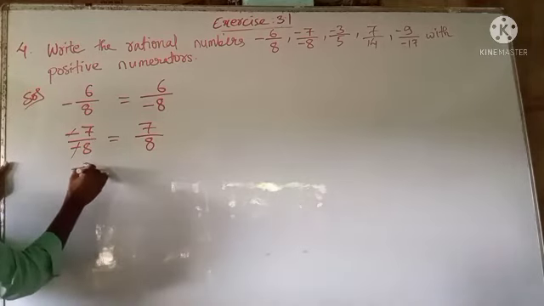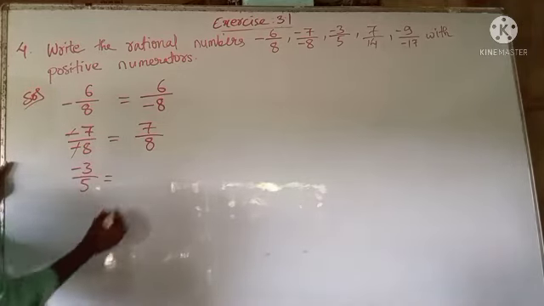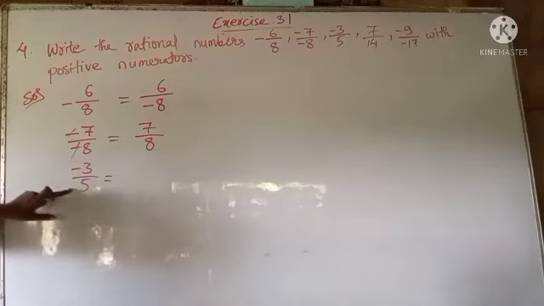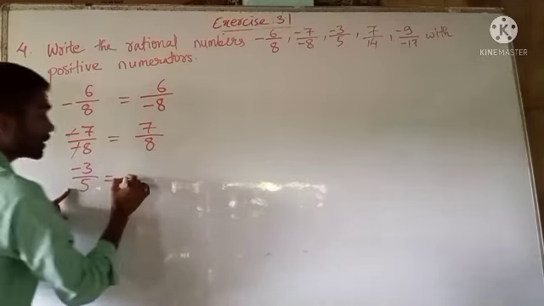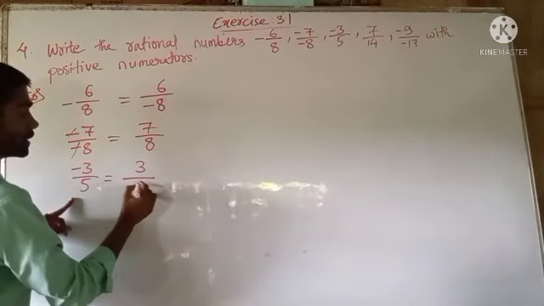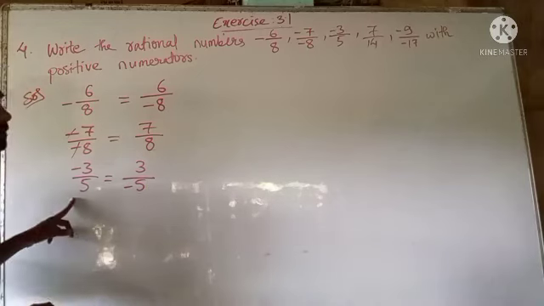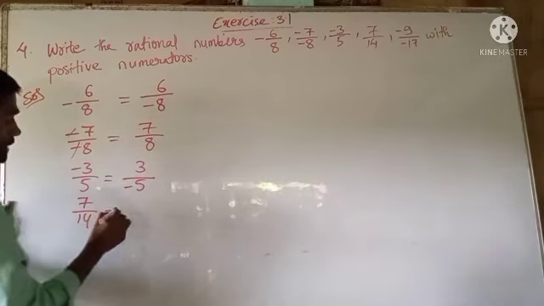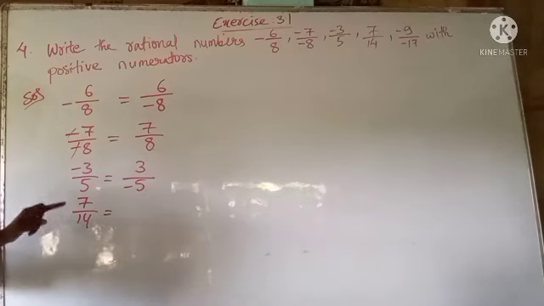In the same way, minus 3 by 5. Here the minus sign is in the numerator's place. That one we will write in the denominator's place. So 3 we will write as it is, and this minus sign we will write in the denominator's place. That is minus 5. Now next one is 7 by 14. Here both signs are plus.